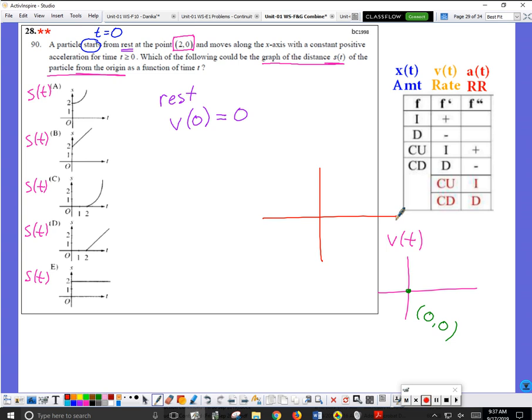So 2 comma 0 over here is right here. On this grid is where the particle is located at time equals 0. This coordinate 2 comma 0 is referring to this grid over here, because it says the particle starts at that location, when time is 0.